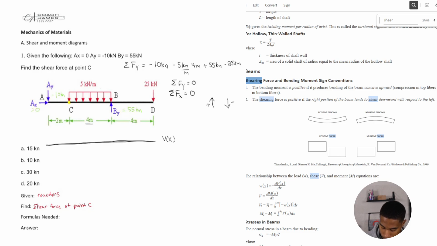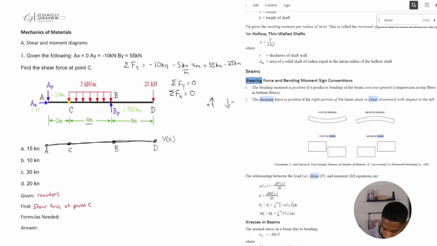So you're going to have your point C, which is what we're looking for the shear at. You're going to have B, and point D at the end, and you got point A.